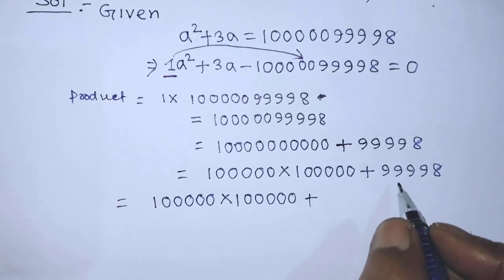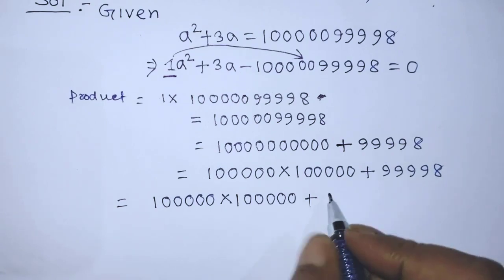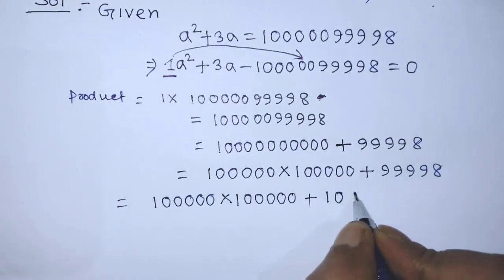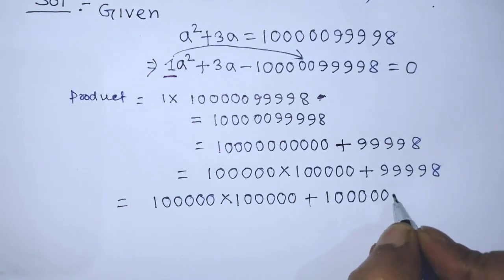In the place of 99,998 we can write 1 lakh minus 2.